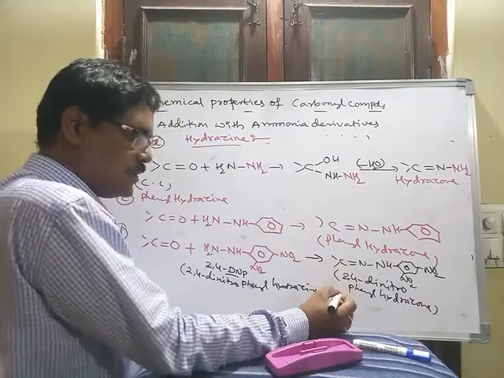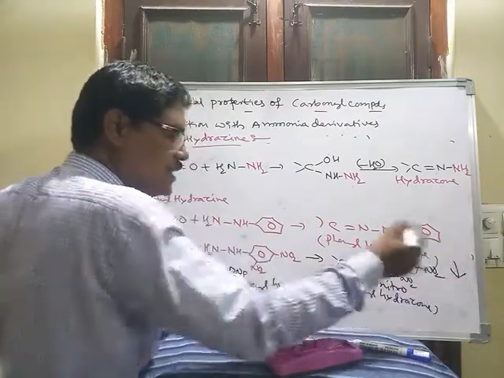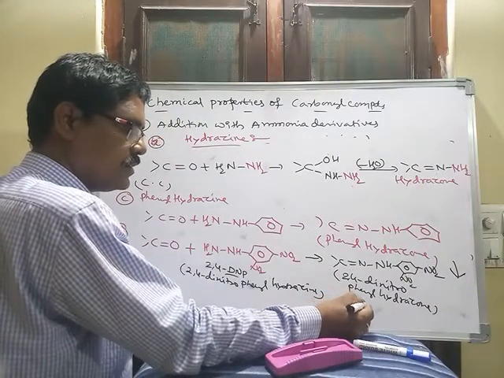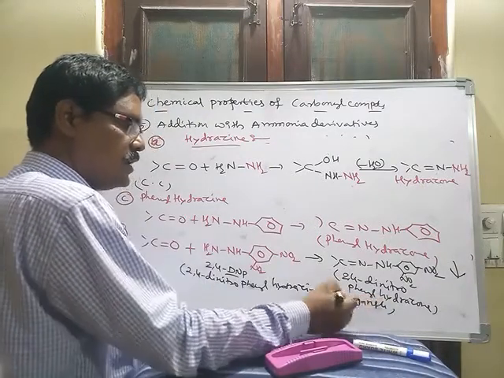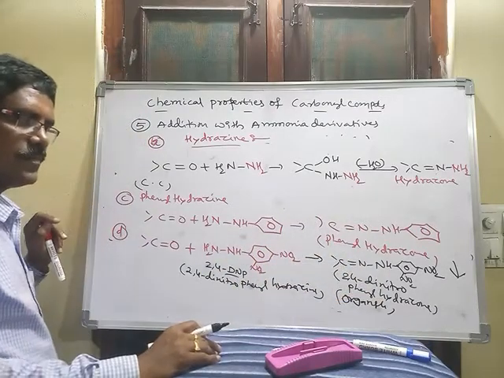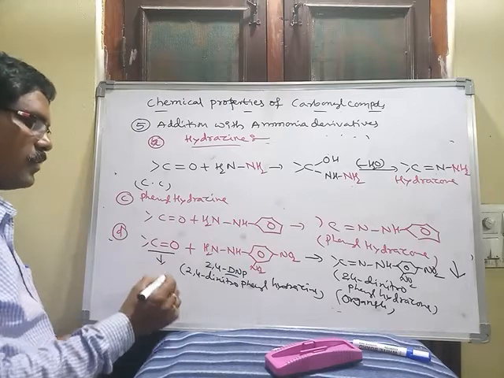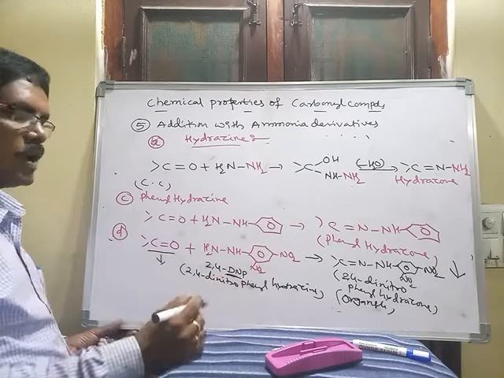This is a special reaction, and it gives a precipitate. It is an orange or yellow precipitate. Based on this, we can distinguish carbonyl compounds by using 2,4-DNP.